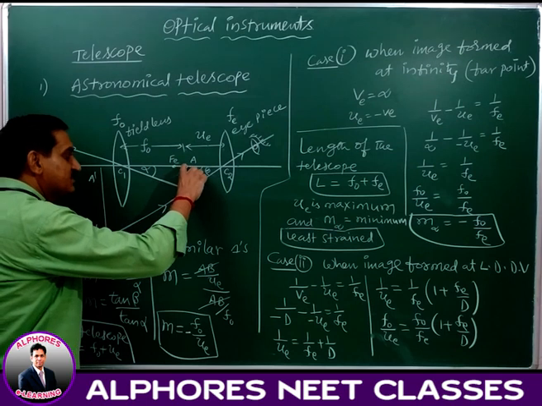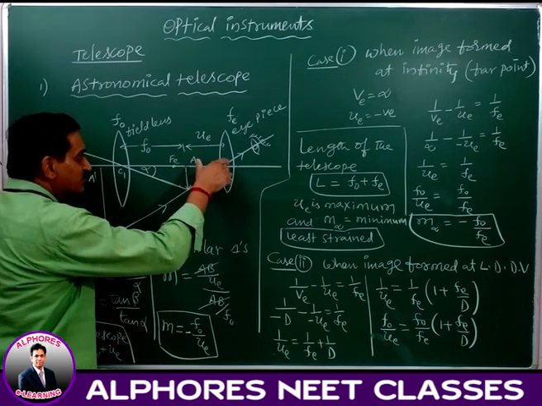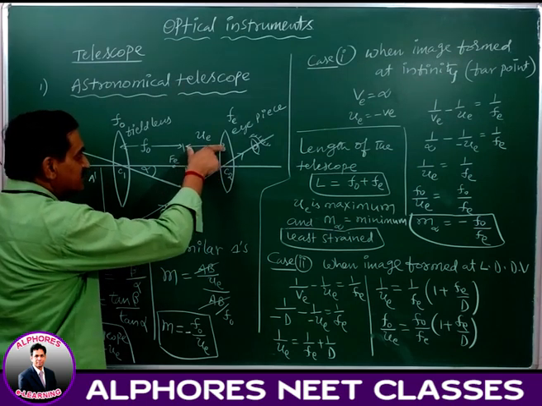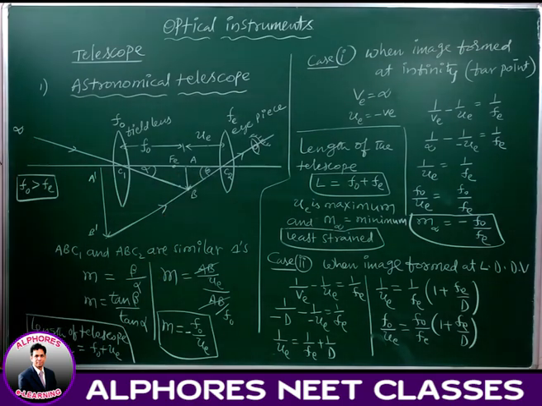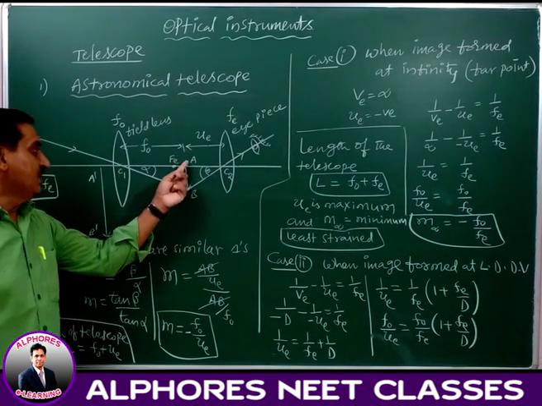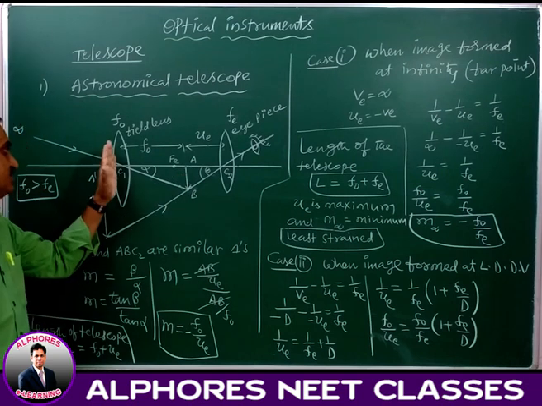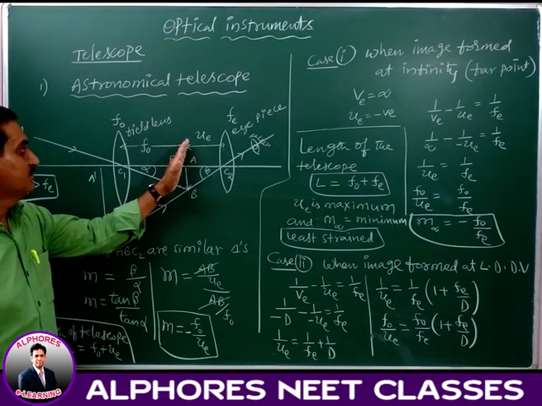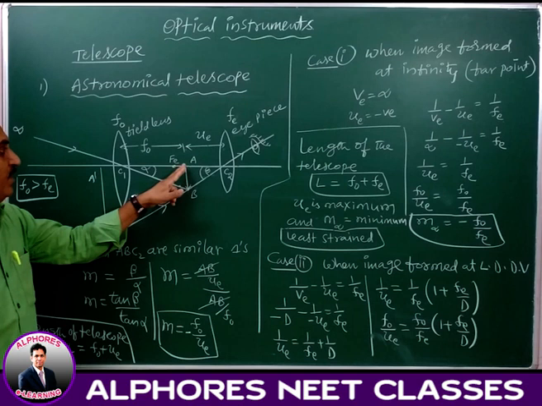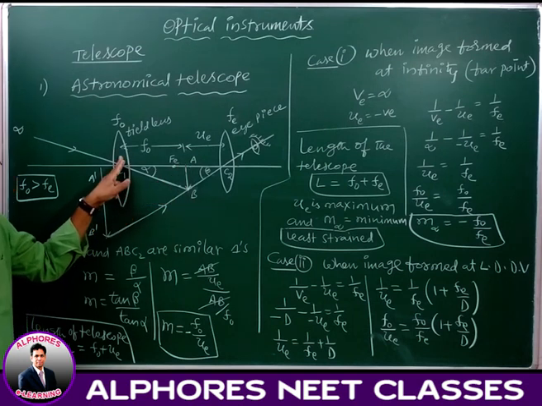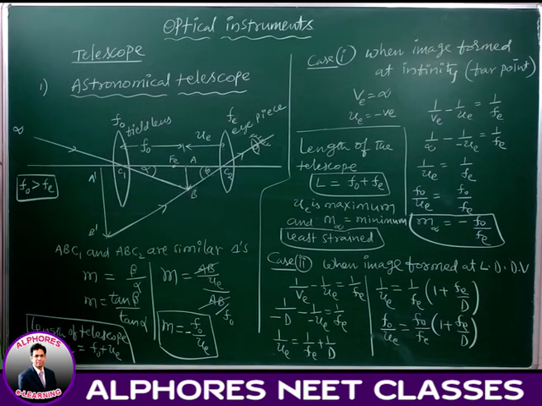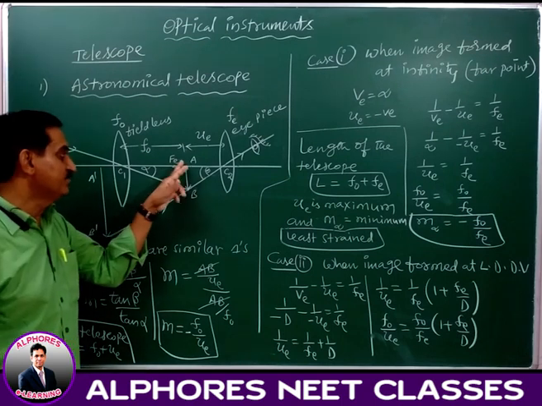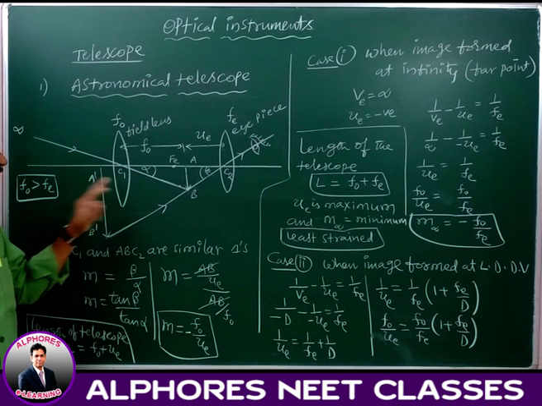So this serves as an object to the eyepiece, which is at a distance of UE, and the same image is at a distance of f0, because it is forming at the focus point of the field lens, because the object is at infinity. For an infinity object, its corresponding image is formed at the focus point of the field lens.